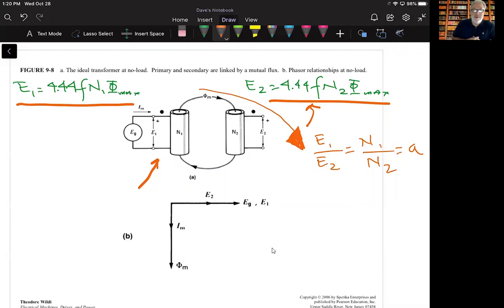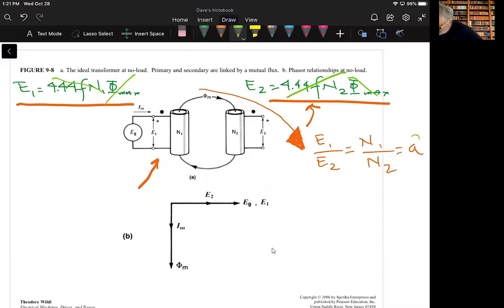Now, we can reduce these two equations down because they have common terms that we can take out, and we end up with this relationship that shows that the induced voltage on the primary side over the induced voltage on the secondary side is equal to the turns on the primary side over the turns on the secondary side.